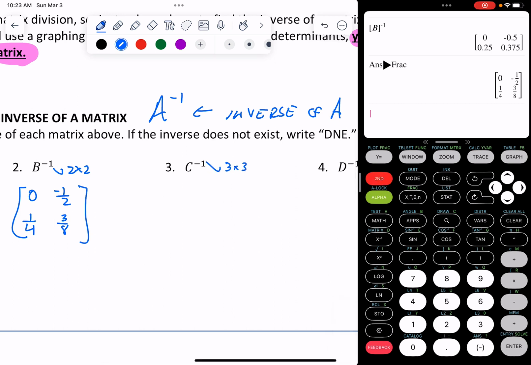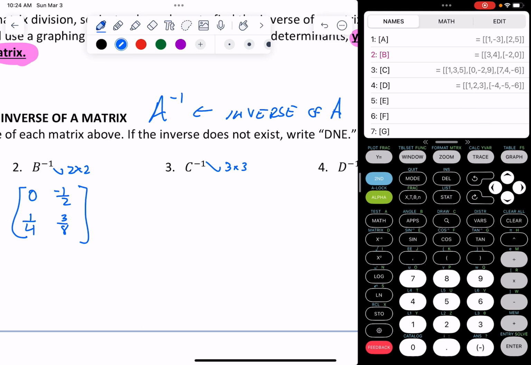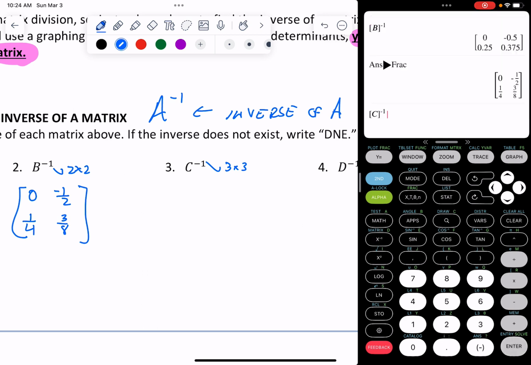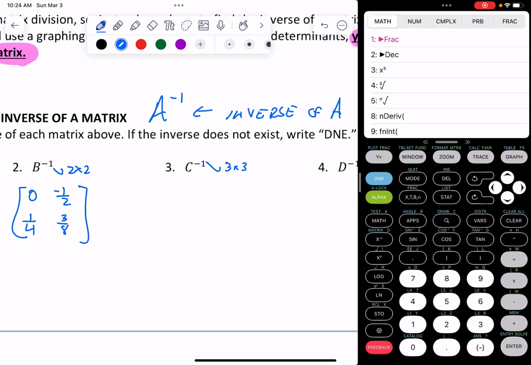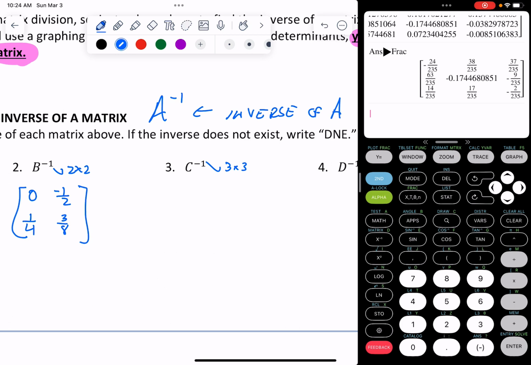Second matrix, C inverse. This one's going to be ugly. Turn it into fractions. I'm not sure why I didn't turn that into a fraction.